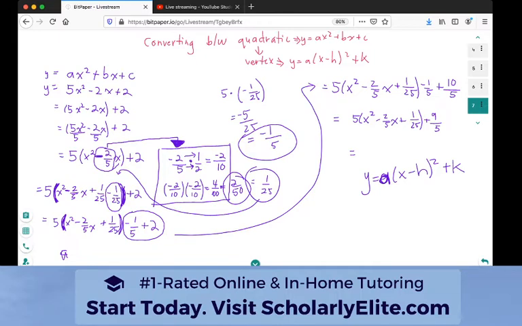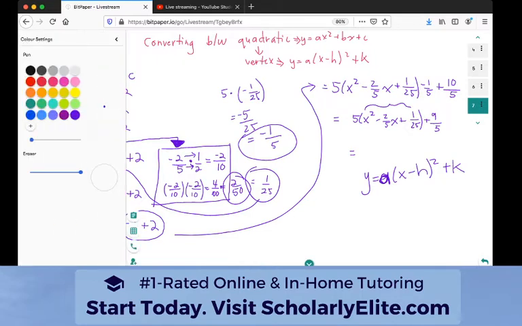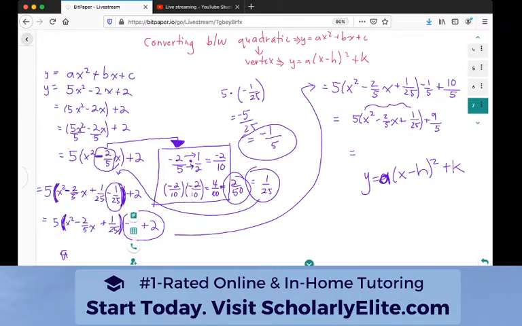So what we're going to do then, in order to do that, is change this part into a squared factor instead of a quadratic form. Well, all we need to do is take, I'm going to change my pen color here to red so that we really see what I'm talking about. Right here, guys. This guy right here, we're going to take as he is, because he's perfect just the way he is.